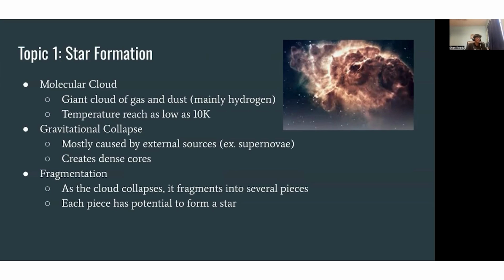This, again, increases the internal temperature of the star, which creates dense cores. As the cloud collapses, however, it fragments into several pieces due to a process called fragmentation. Each of these pieces has a potential to form a star and its own planetary system.